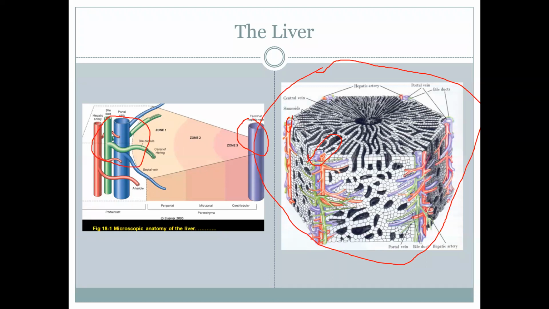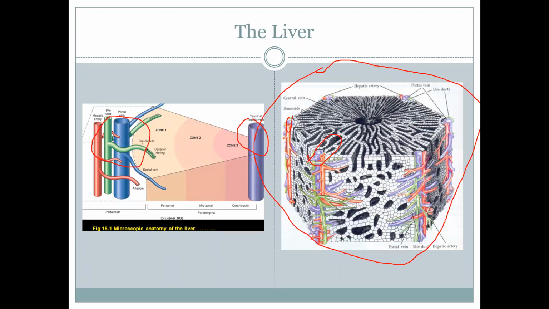The three zones are going to be demarcated as the following. Zone 1 is the area surrounding the portal tract, what you call periportal, this region right here, periportal region. The area surrounding the central vein is what you call pericentral region. Between them is zone 2.